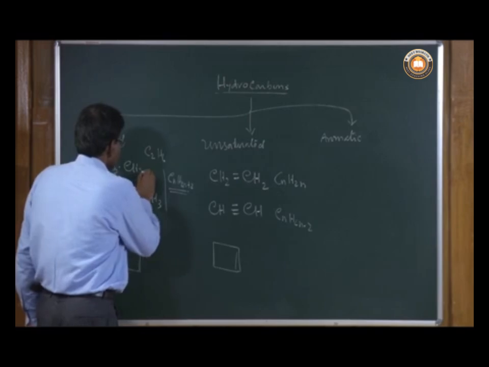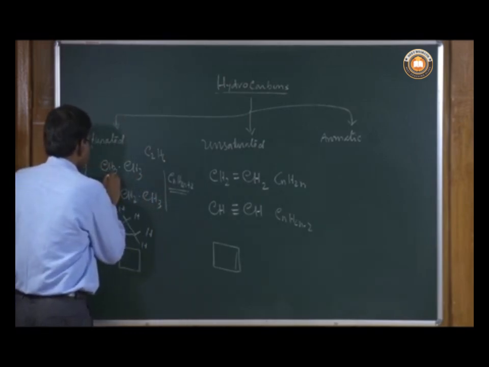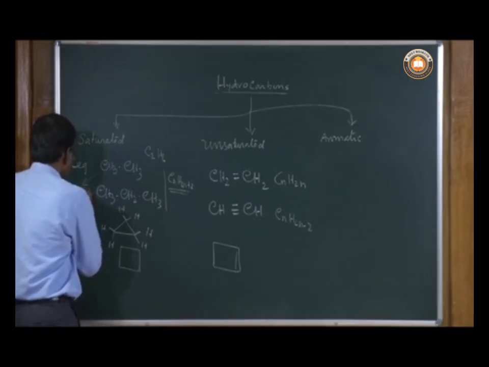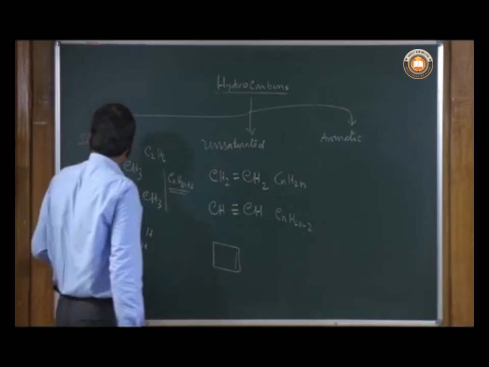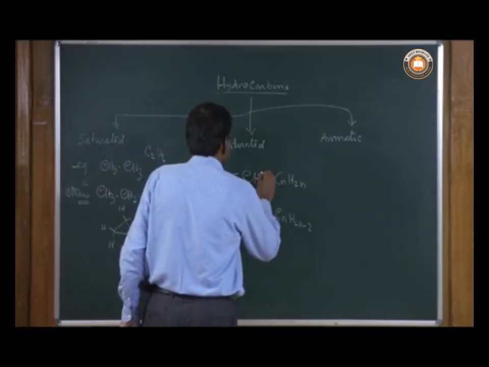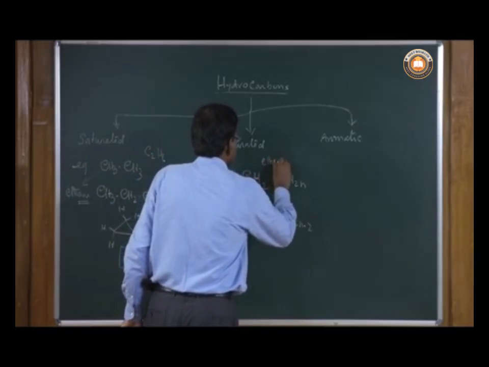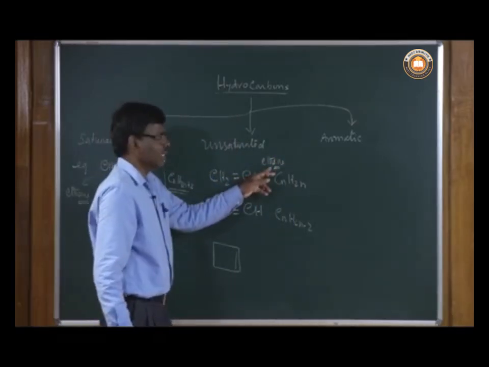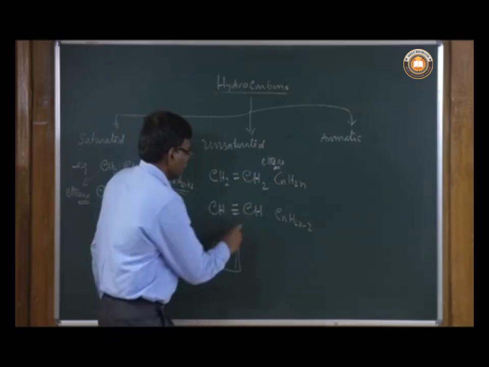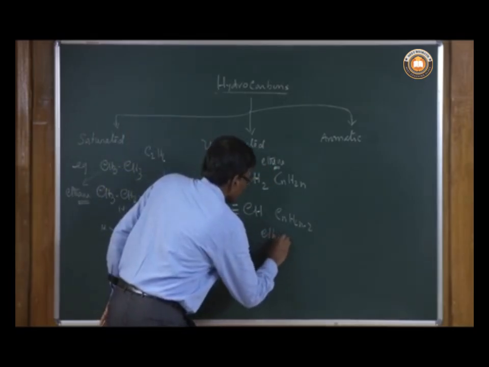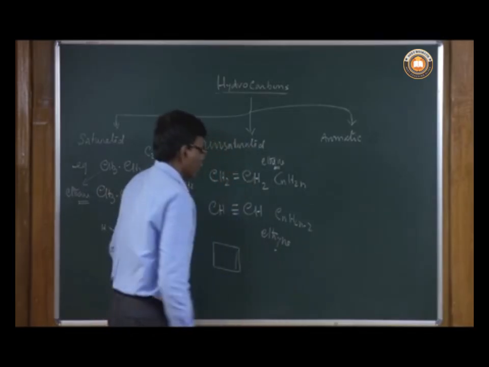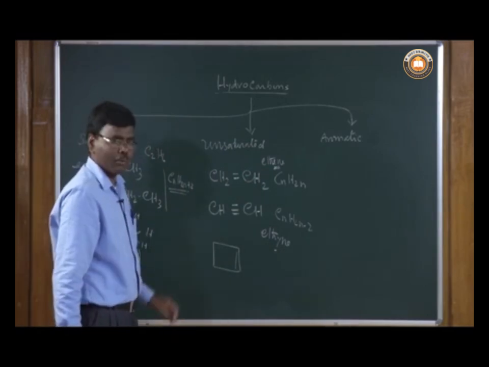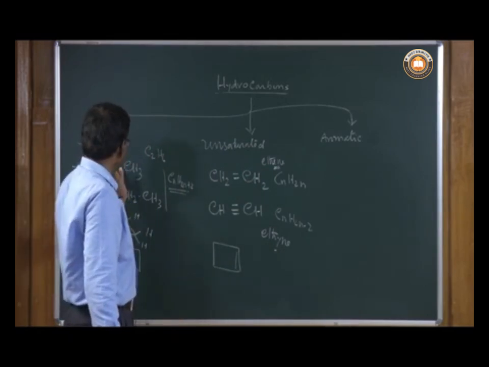The name of this compound is ethane. You see the difference: in this case the ane is converted into ene, ethene, and in this case the e is changed to y, ethyne. These are the names of these compounds. You can go on like this.